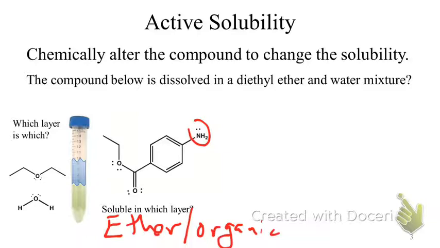So our goal with active solubility is to get it to change its solubility somehow. Okay? So we're going to have to somehow tweak this molecule, react it with something to make it water soluble. So what we could go through and do is add more polar bonds. So I could go through and individually add a whole bunch of OH bonds to this.